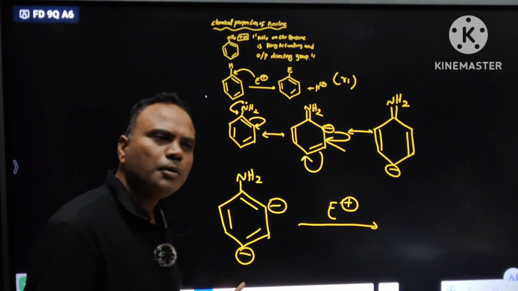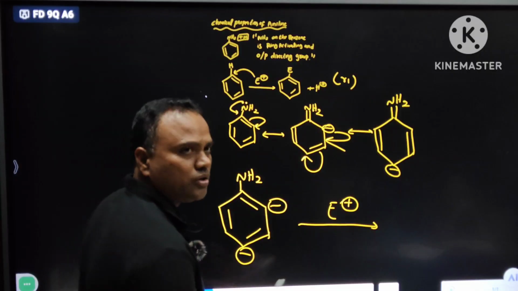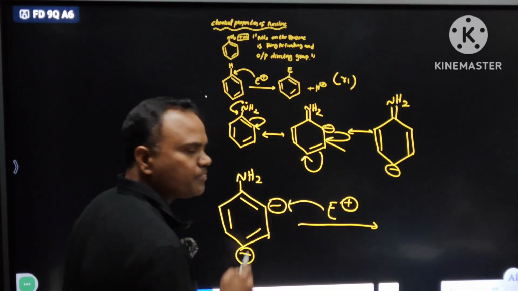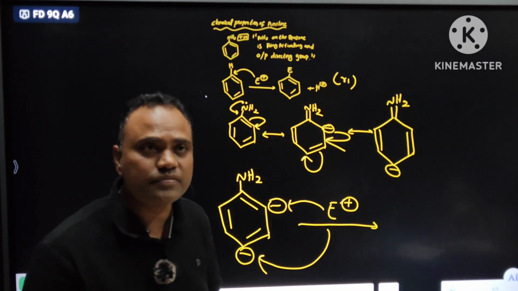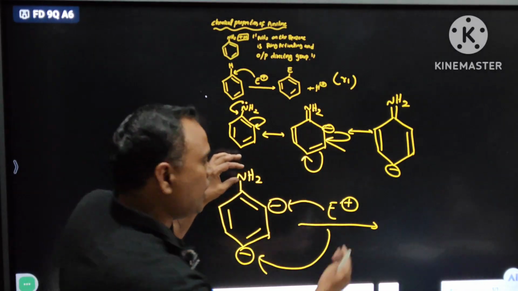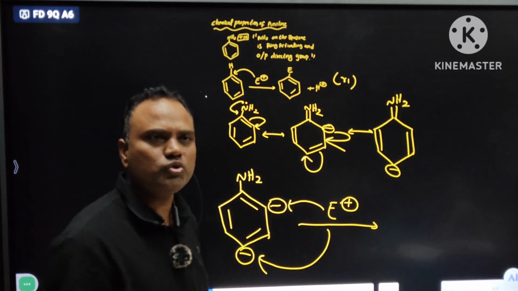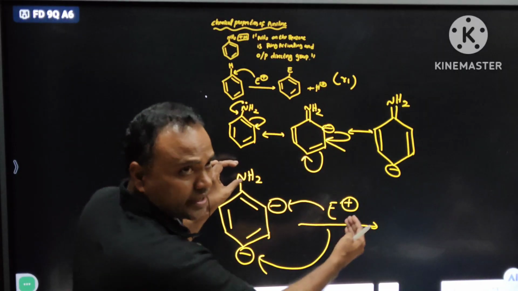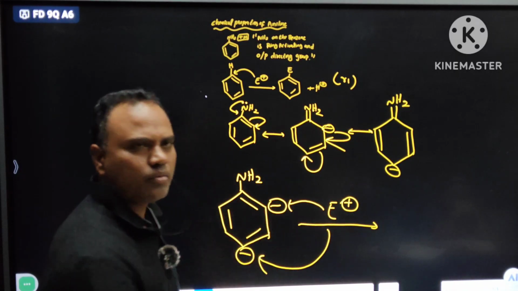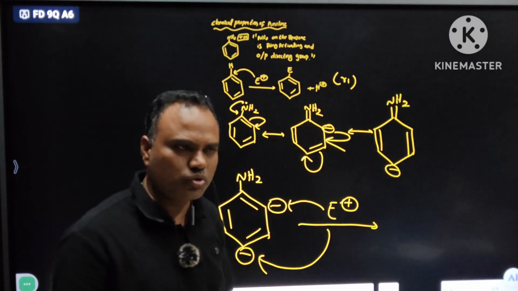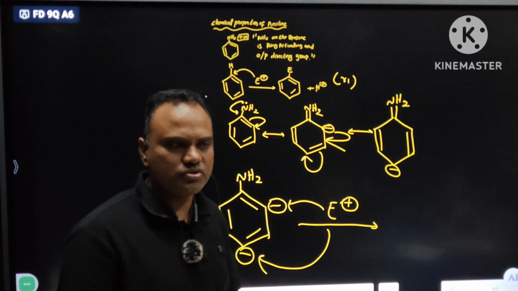At ortho and para. So preferentially the electrophile goes towards ortho or para positions. That's why NH2 is called an ortho para directing group. NH2 directs the incoming electrophile towards ortho or towards para.